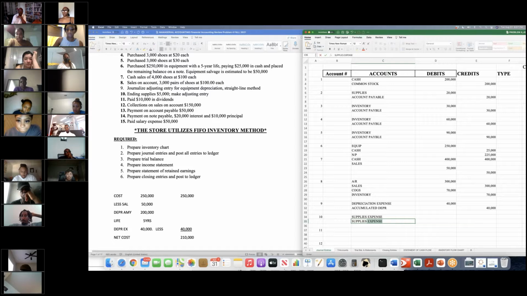Now, with an asset that's very expensive, we credit accumulated depreciation, so we always know what the cost is. But for small cost items like supplies, we're going to just take the money right out of supplies. We're not as concerned about knowing the original cost.